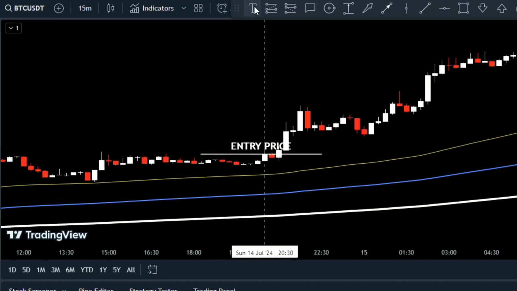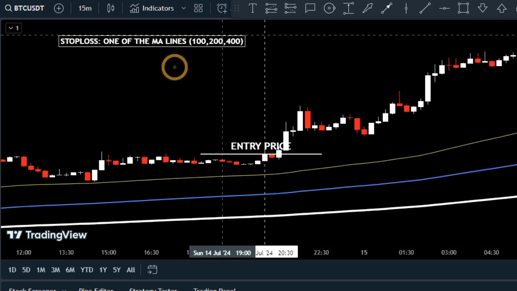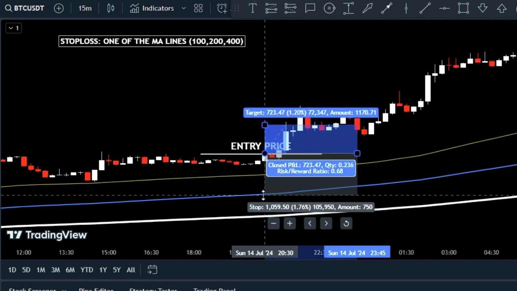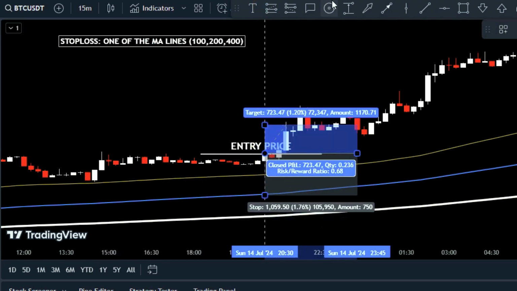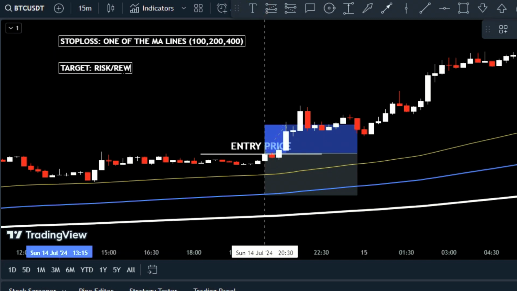The stop loss should be placed right under one of the moving averages. As for the take profit, we're aiming for a risk to reward ratio of 1 to 1.5.